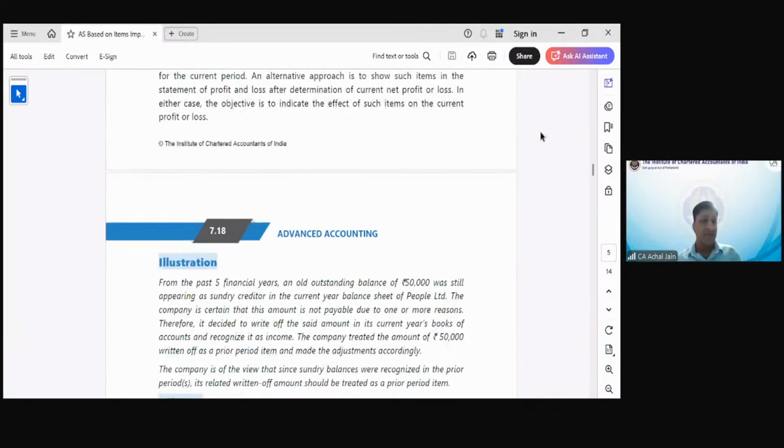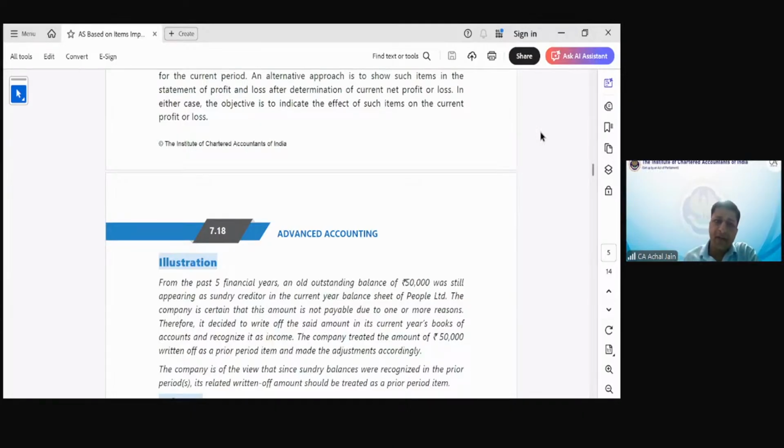From the past 5 financial years, an old outstanding balance of 50,000 was still appearing as sundry creditor in the current year balance sheet of People Limited. The company is certain this amount is not payable due to one or more reasons. Therefore, it decided to write off the said amount in its current year's books of accounts and also recognize it as income.